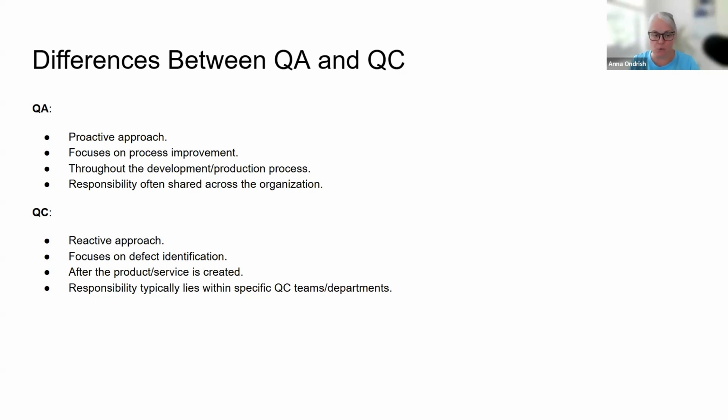All there has to be is an organization. And an organization could be an organization of one. In quality control, the responsibility is within one team or one department or departments, like your agile environments, right?